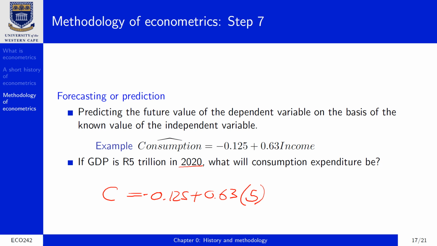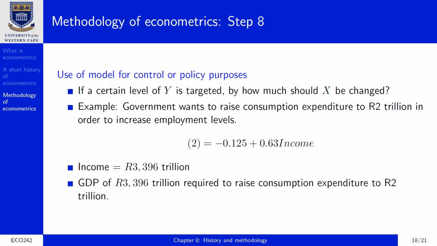We can also use the model for policy purposes. In this example, government wants to raise consumption expenditure to 2 trillion rand in order to increase employment levels. So it would then need to know what level of income is consistent with consumption expenditure of 2 trillion.